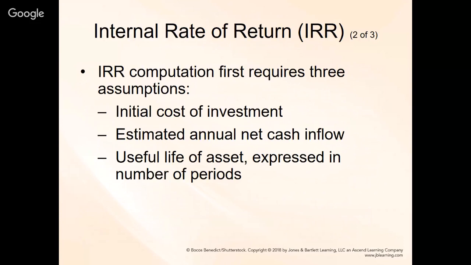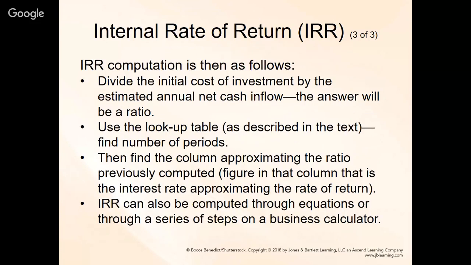So during step one, you are going to divide your initial cost of the investment by the estimated annual net cash flow. And remember, you're going to report this as a ratio. Then you can go to your lookup table, as we talked about earlier, and find the number of periods.